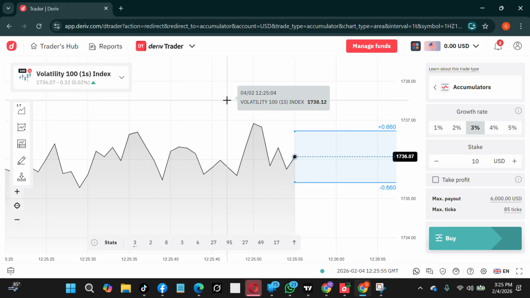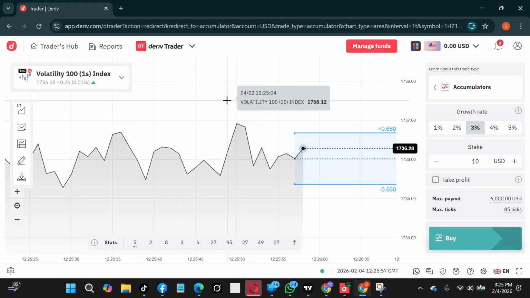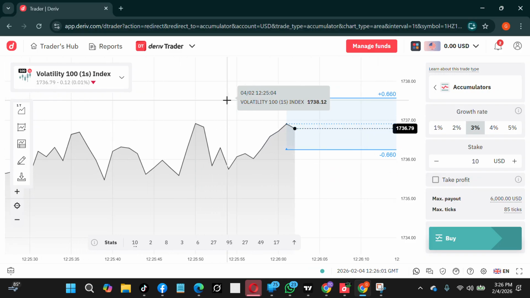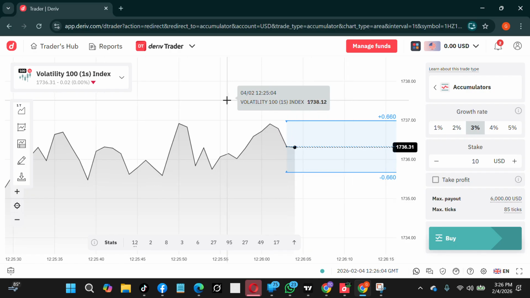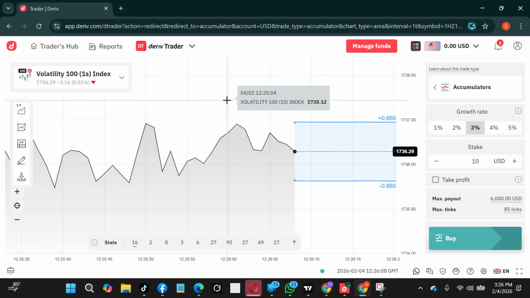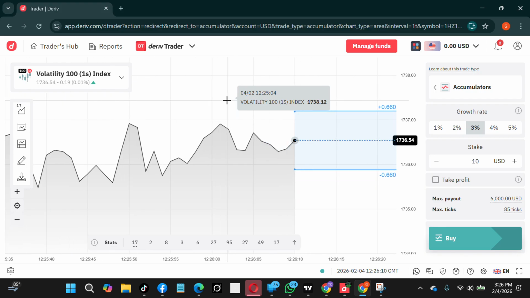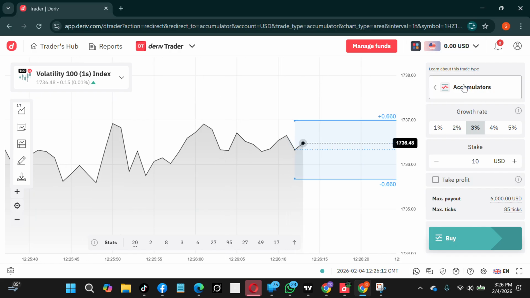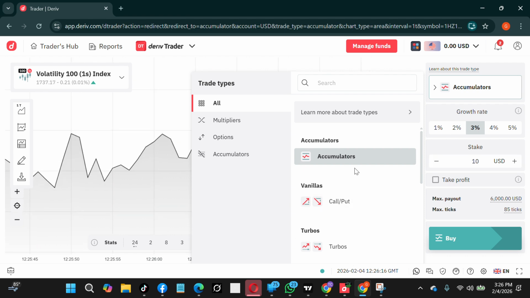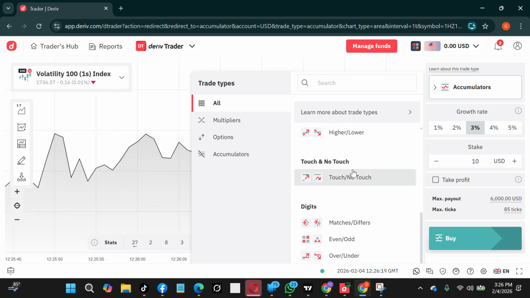So what are the assets that we'll be looking at, so that you can predict the movement of that asset? That takes us to another point, prediction. These trade types are all about prediction.